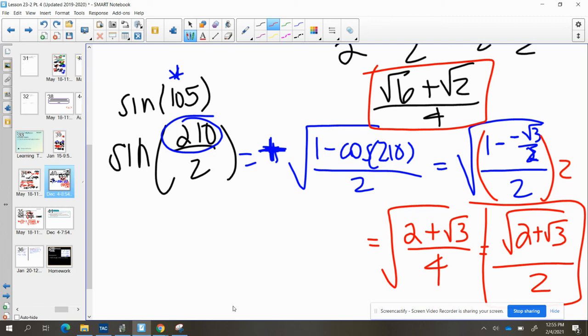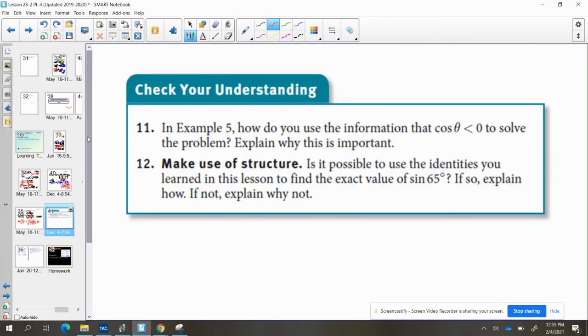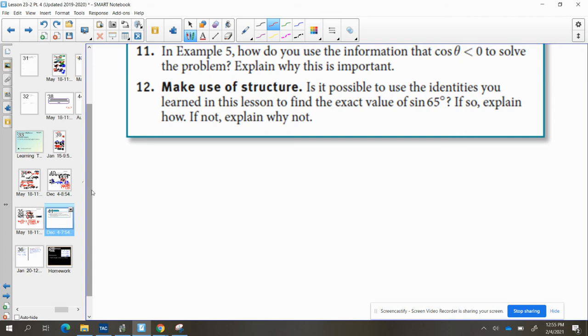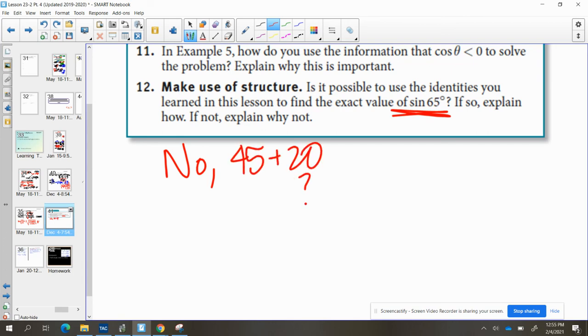Okay. And one last check your understanding question. Is it possible to find the exact value of a value like, for instance, sine of 65? The answer is no, all right, because we can't add or subtract any values that we do know to get sine of 65. For instance, like we tried using 45, that would be 45 plus 20. We don't know 20, so we can't use sum and difference.